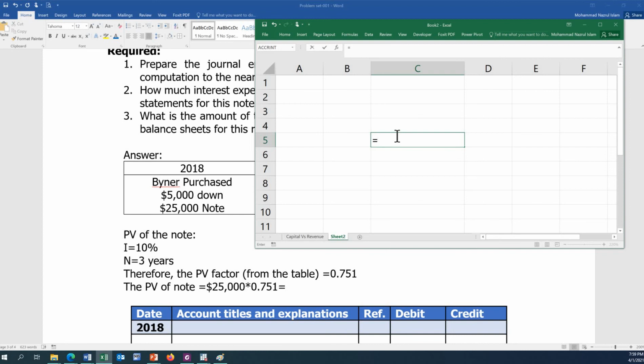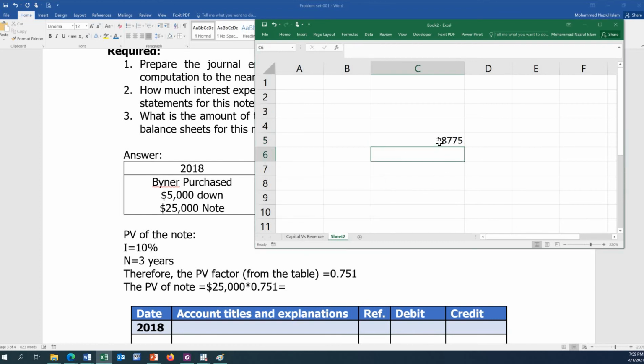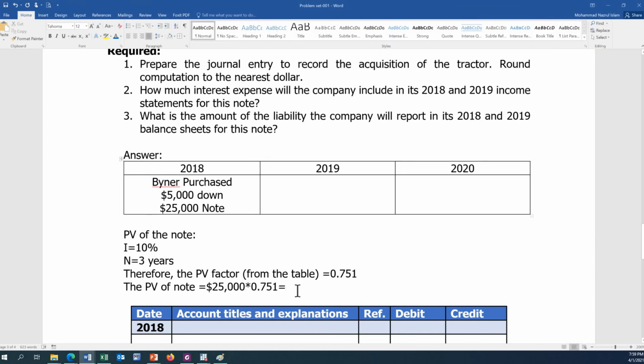So it is equal to 25,000 multiplied by 0.751. So that is equal to 18,775. Okay.